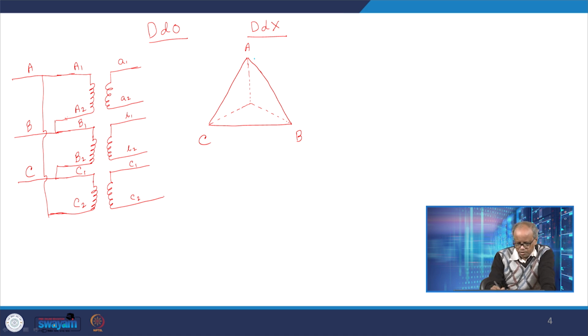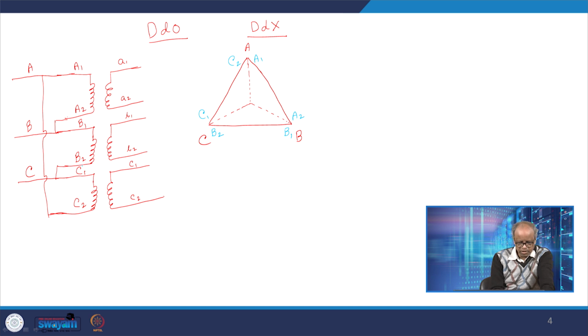So, this must be A1, A2, then B1, B2, and then C1, C2. So, as you can see, the interconnection of A2 and B1 is denoted as phase B, which is indeed the case.